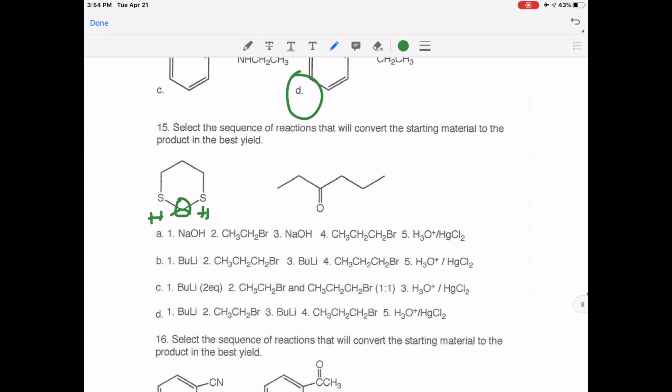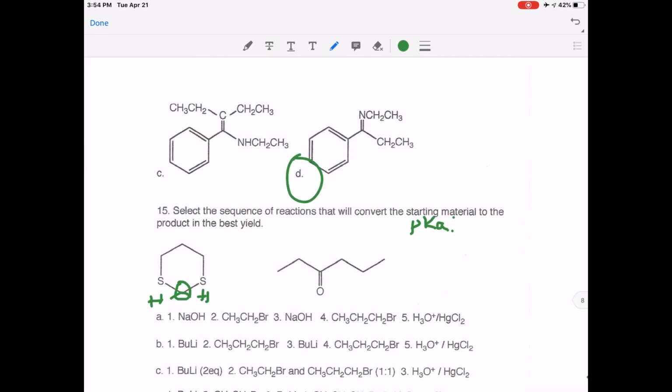So the first thing that we need to do, if we're going to remove these protons, is use a base. Out of the four choices, we have two possible bases that we can use for our first reaction: sodium hydroxide and butyllithium. If we compare the pKa's of these two reagents, sodium hydroxide has a pKa of about 14, while butyllithium has a pKa of about 50.